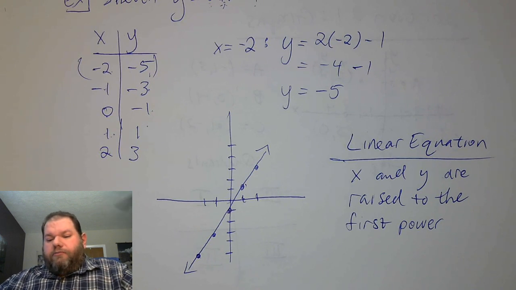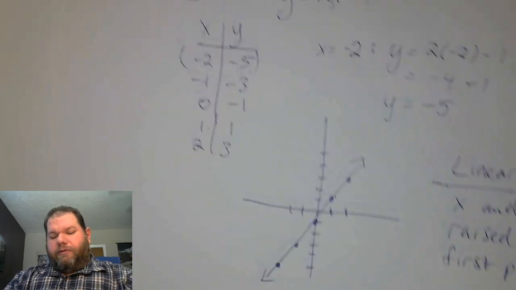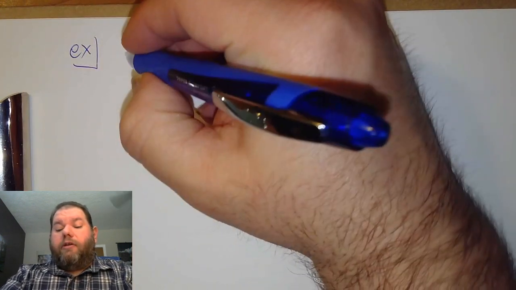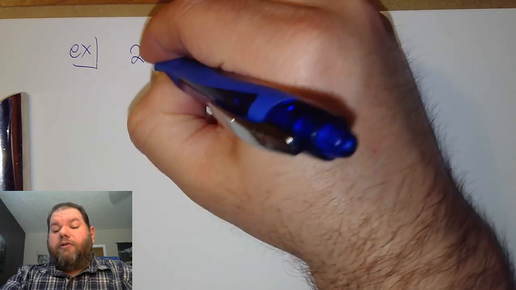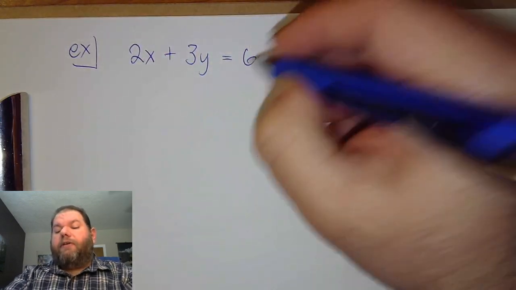Now, let's look at another example. So let's try 2x plus 3y is equal to 6.